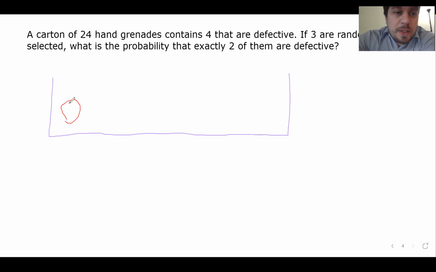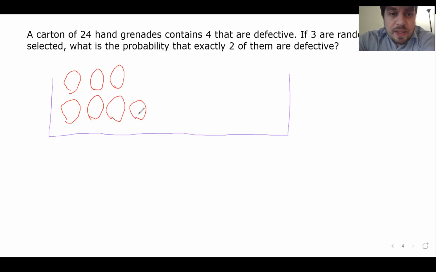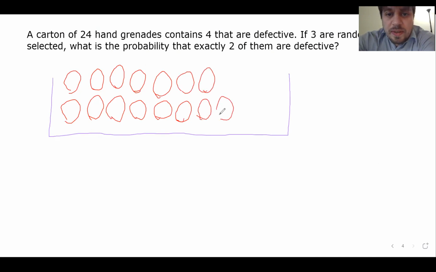So you have 1, 2, 3, 4, 5, 6, 7, 8, 9, 10, 11, 12, 13, 14, 15, 16, 17, 18, 19, 20.